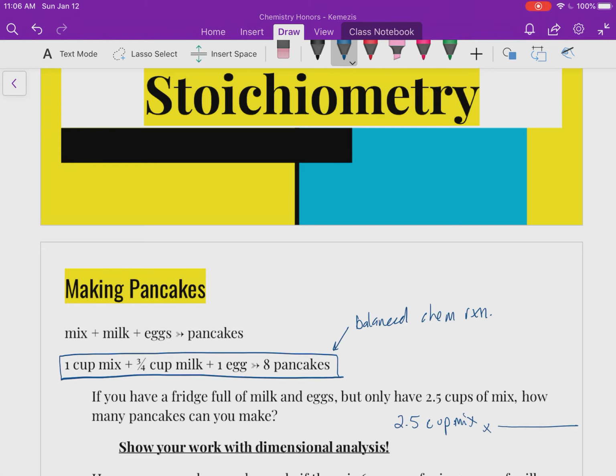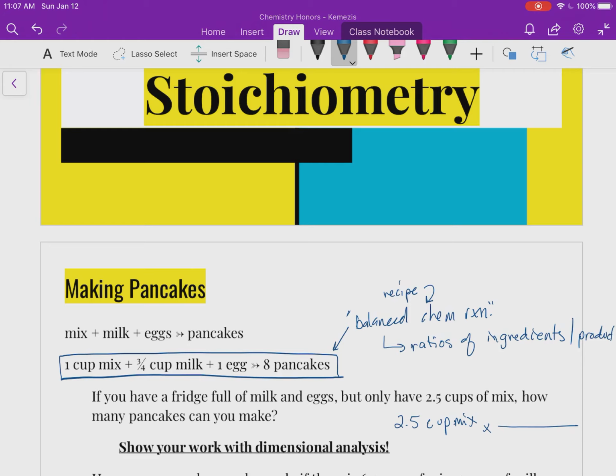And this balanced chemical reaction, or our recipe, this provides us the ratios of ingredients and the product, right, or our finished amount.